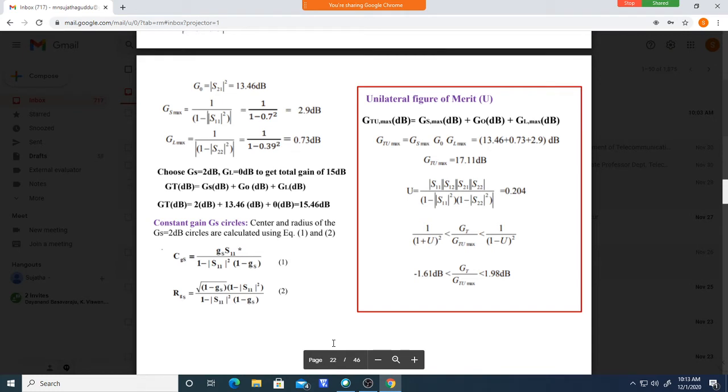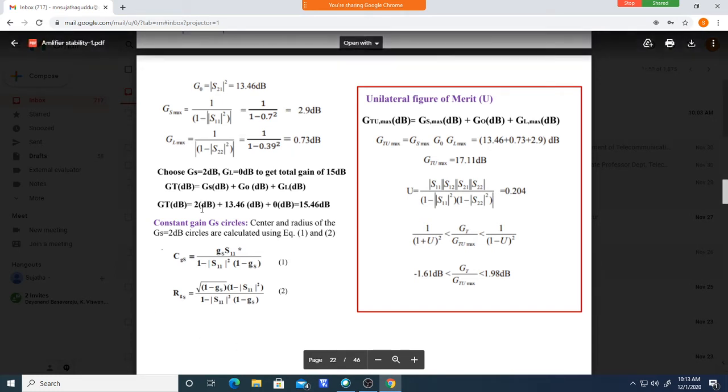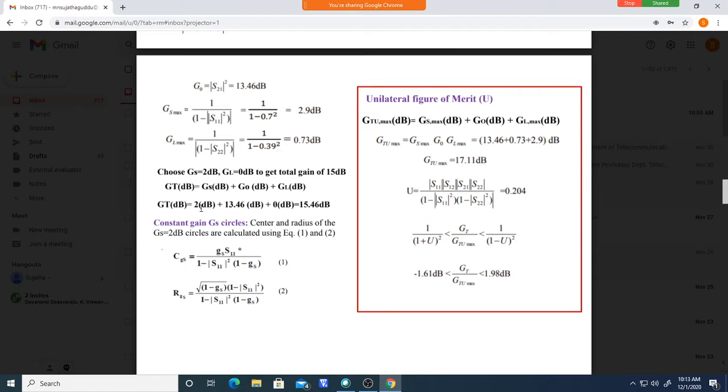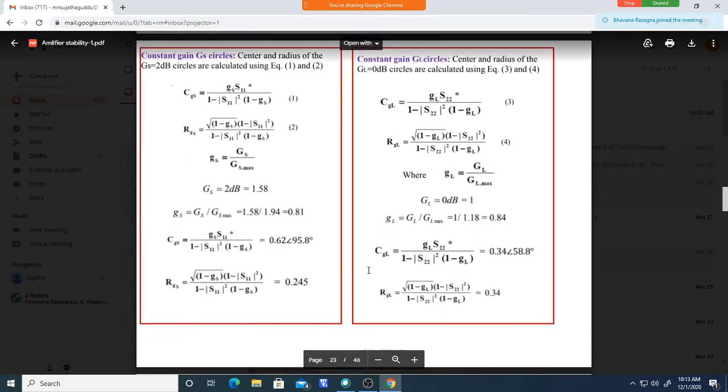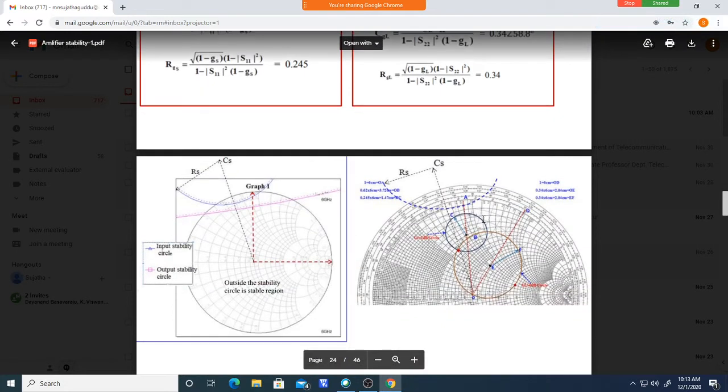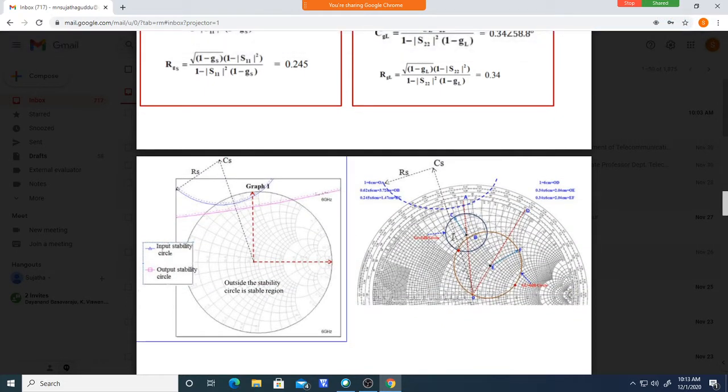The constant gain circle will come like this. Any value over this gives 2 dB, but you should take a value that is in the stable region.